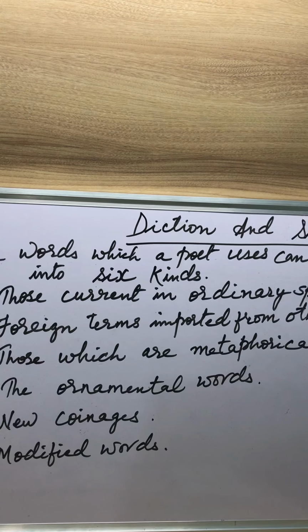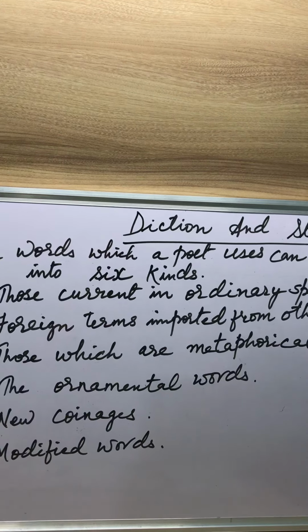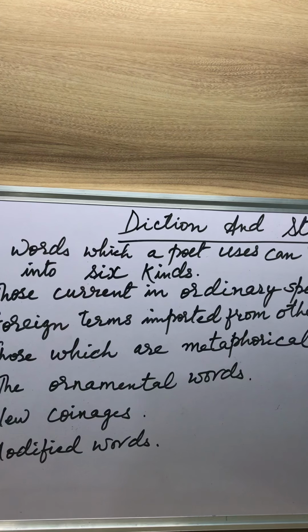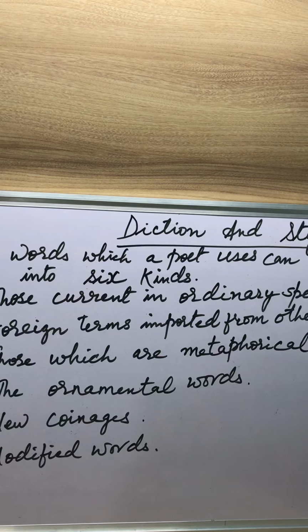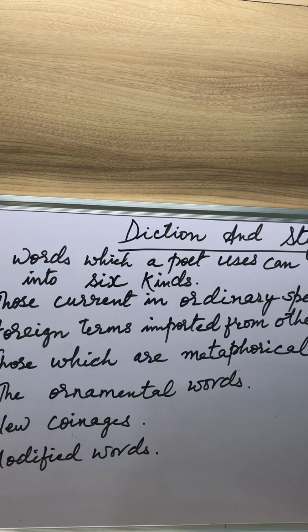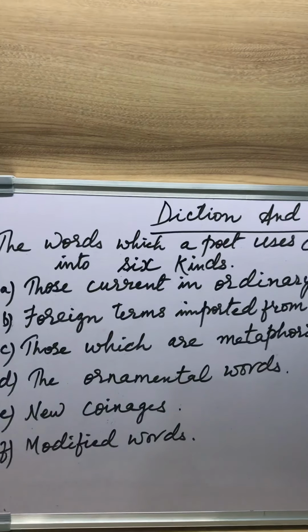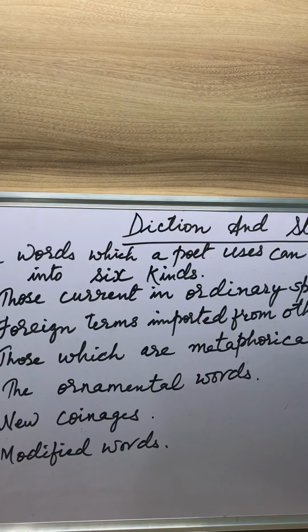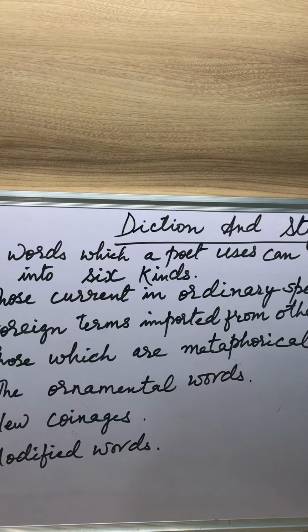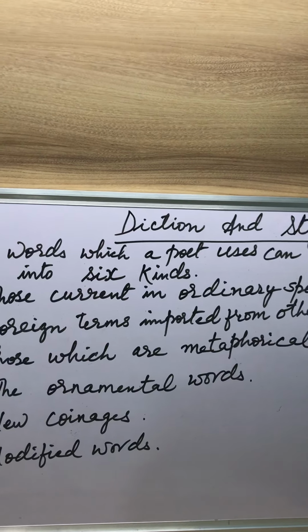Compounded words, he thinks, are best for lyric or ode. Then he says rare words suit best in epics, whereas metaphorical diction is the best suited to the verse of drama.